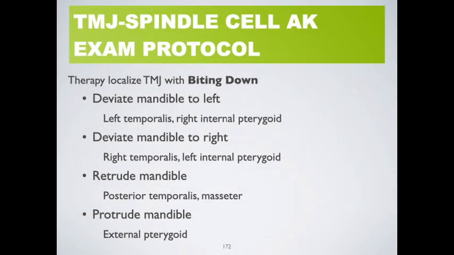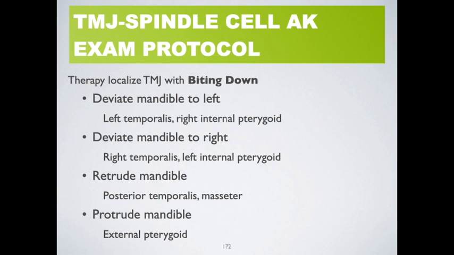Once again, trying to nutshell it. TMJ with biting down. This gets more complicated. If you deviate the mandible to the left, that's going to be the left temporalis, the right internal pterygoid.